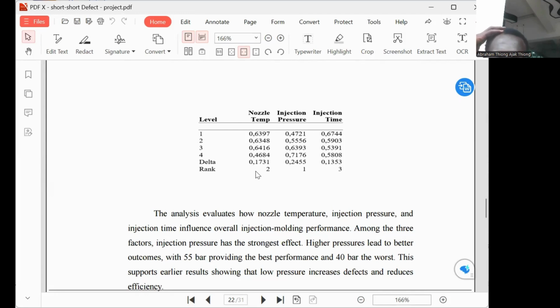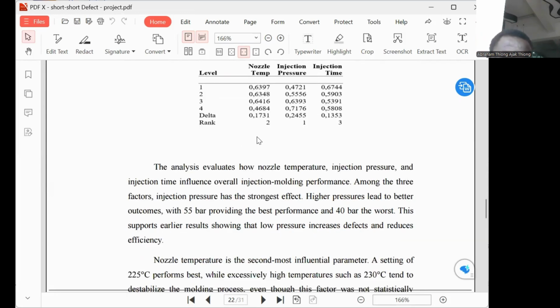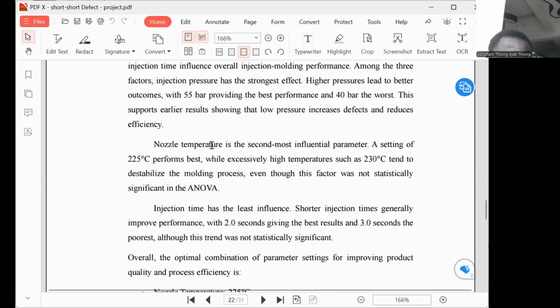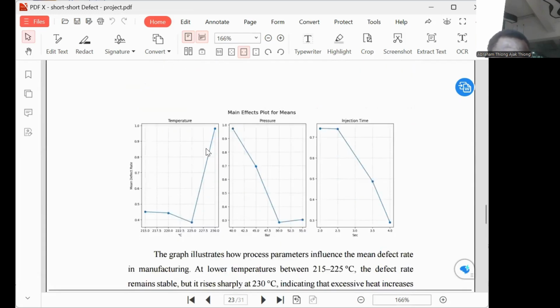And the second is the nozzle temperature. So this is the graph.